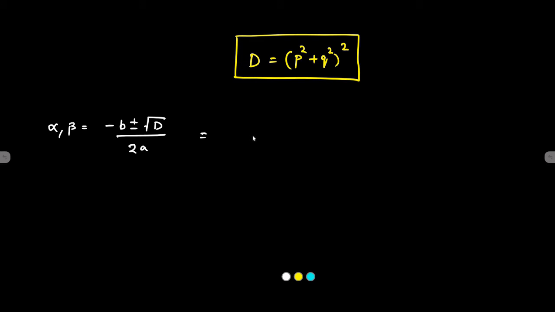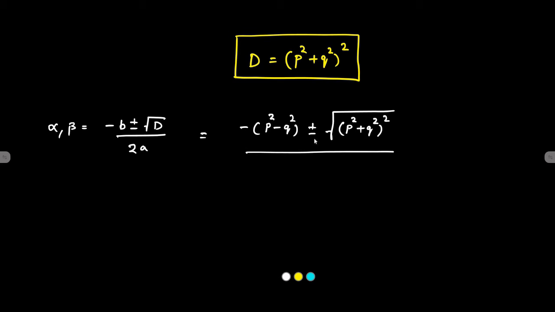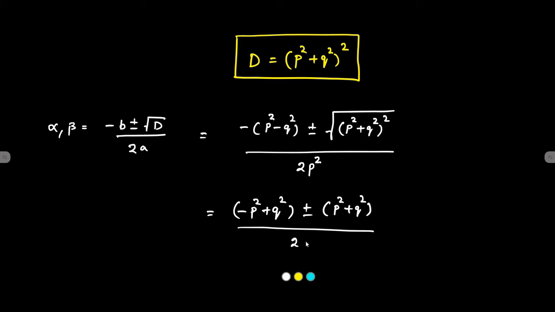So b is p square minus q square, so minus p square minus q square plus minus root over p square plus q square whole square by 2a. A is equal to p square, so 2p square.